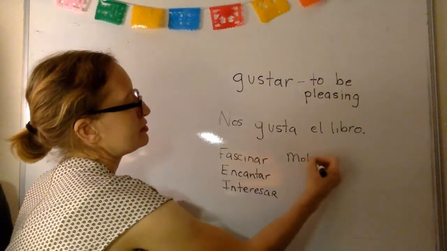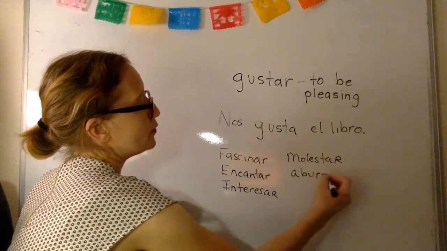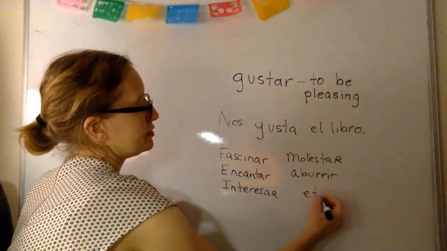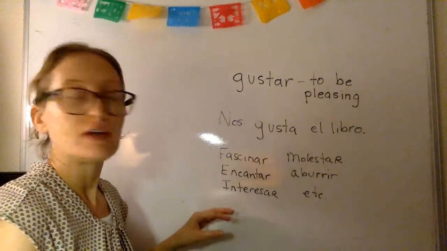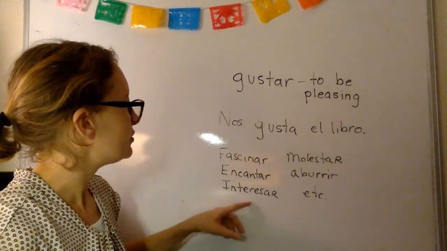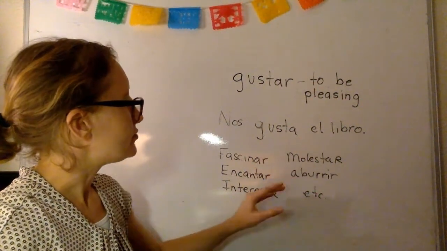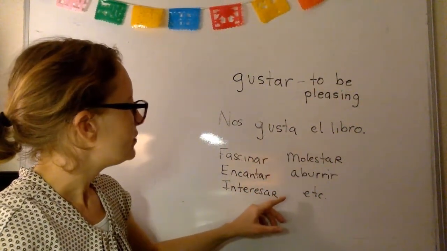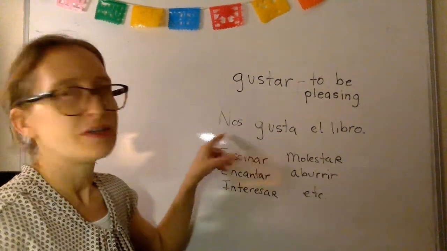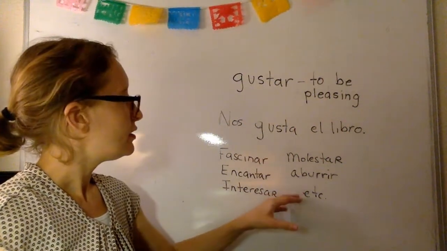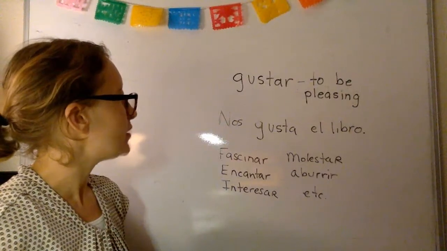Molestar, to bother. Aburrir, to bore, etc. There are many verbs that function like gustar. So when you learn these verbs, you have to learn that very, very often, with the exception of maybe aburrir, these are going to require the indirect object pronoun, and they're going to have a structure like this.